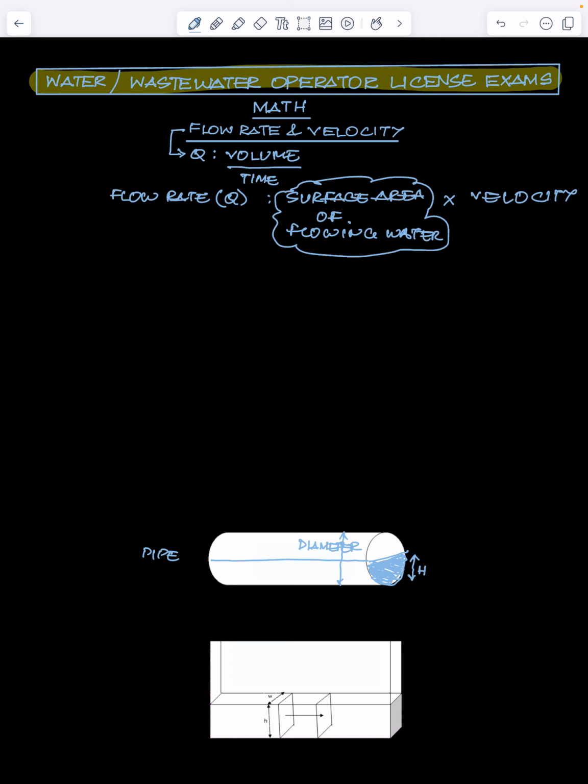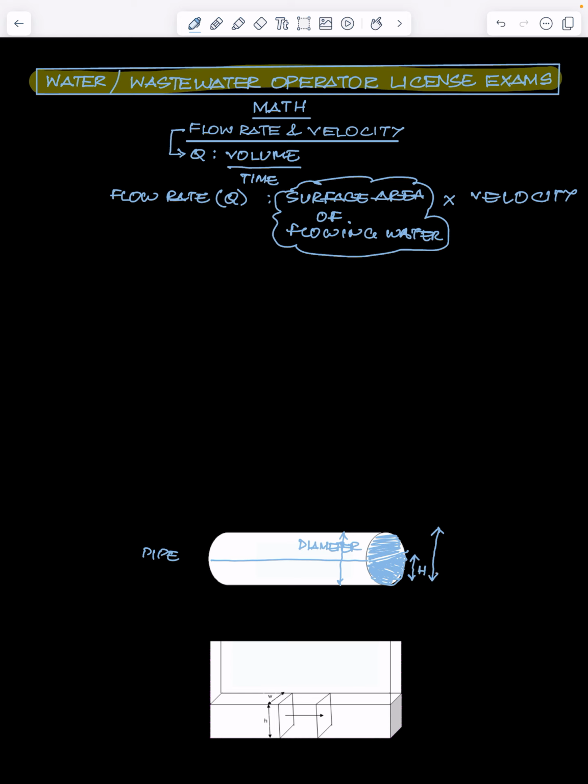However, in the case of pipe flow exam problems, there is always an assumption that the pipe is flowing full, so that the height of the water in the pipe is the same as the diameter of the pipe.